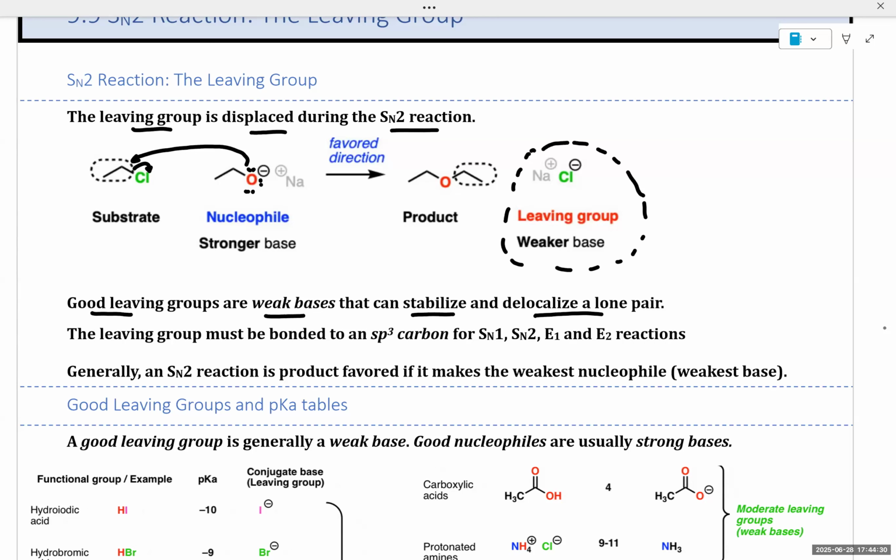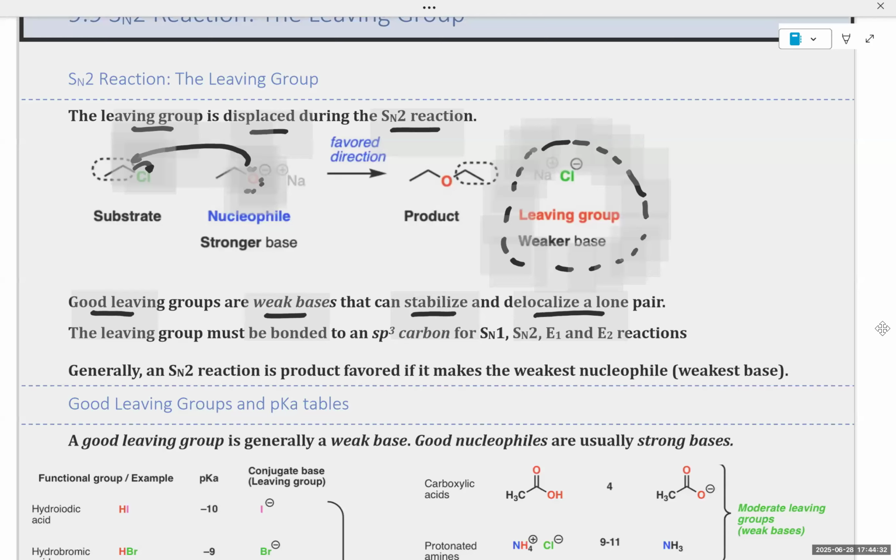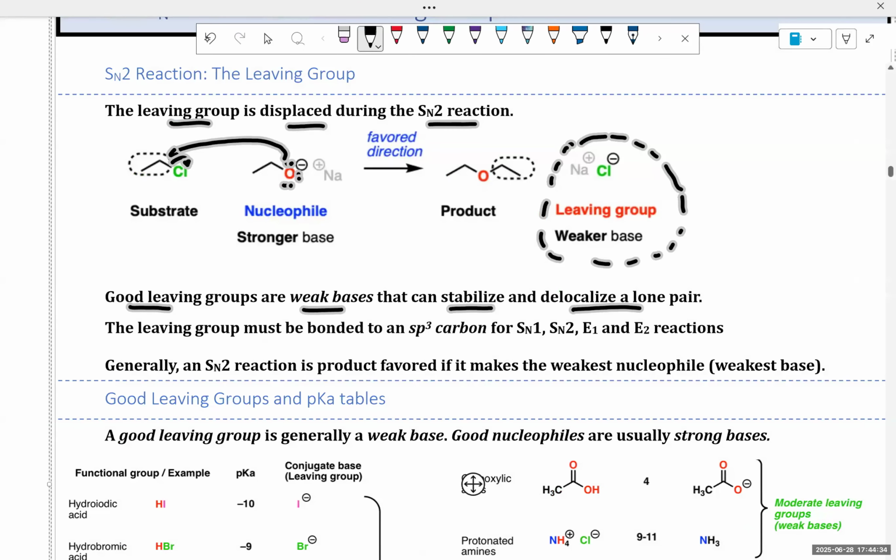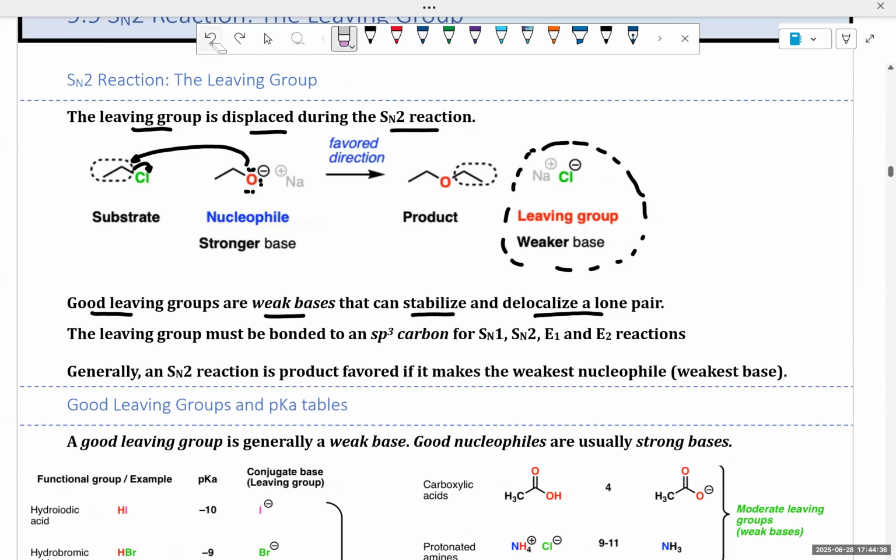I would like you to note that the leaving group for the SN2 reaction must be bonded to an sp3 carbon in order to react in SN1, SN2, E1, and E2 reactions. So your leaving group must be attached to an sp3 carbon.